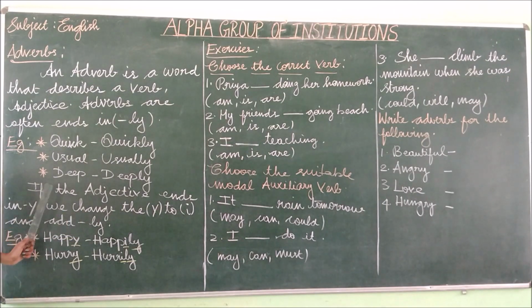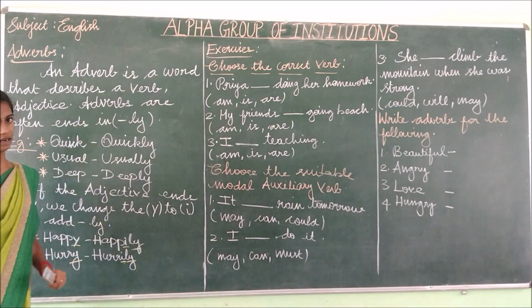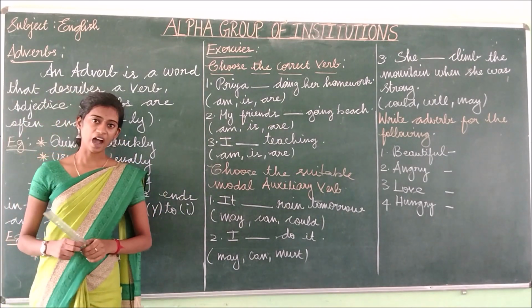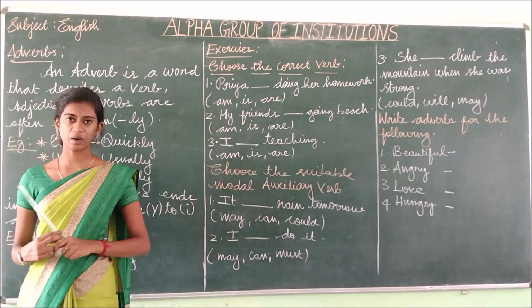And if the adjective ends in y, what do we have to do? We have to change the y to i and add ly. So happy, happily. In these words the letter y has ended, so we have removed the y, added i, and thus added ly. So this is known as an adverb. Okay, have you understood what adverbs are?